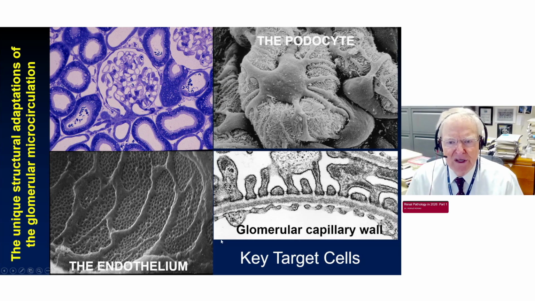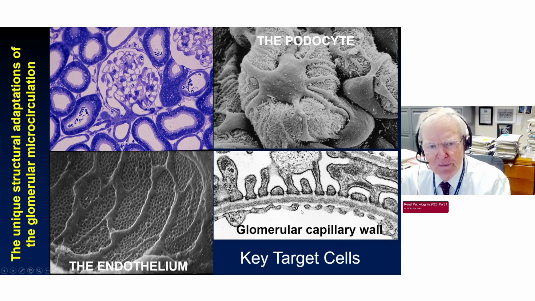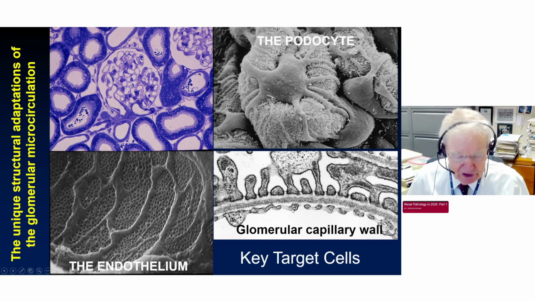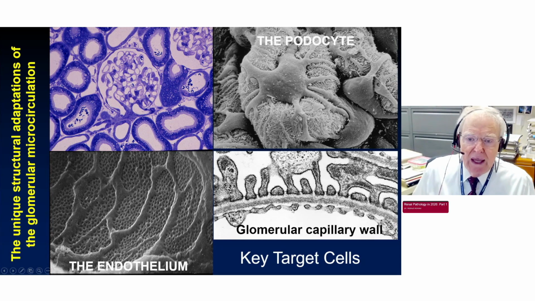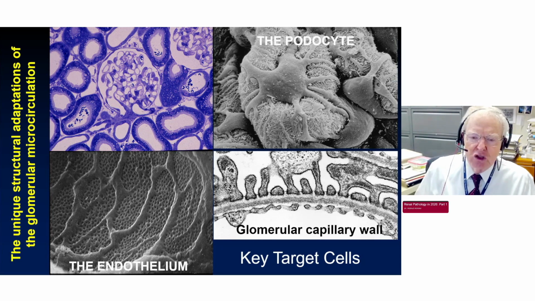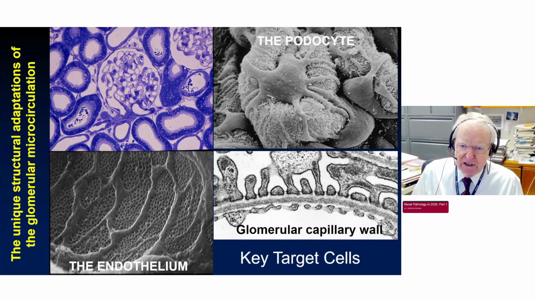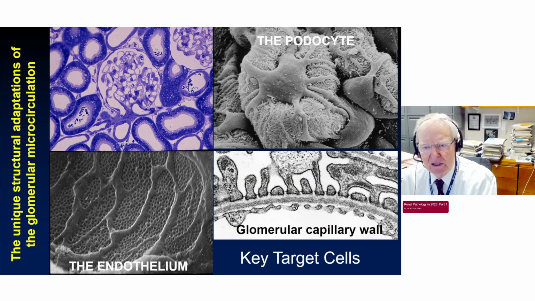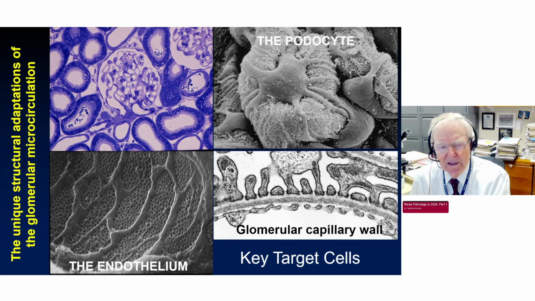Namely, we have open fenestrae, and you can see the open fenestrae here on the transmission electron micrograph. This is quite unique to this microcirculation, and it's a unique adaptation to facilitate and to increase the convective flow across the capillary wall, given the imbalance of Starling forces that get established.